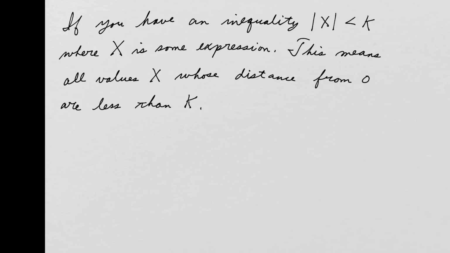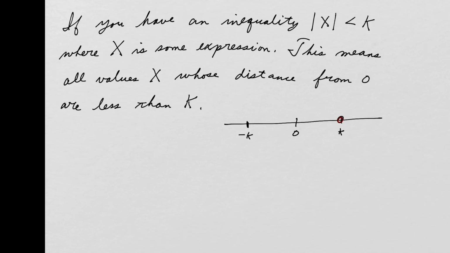If we draw a picture, if this is 0 on the real number line, let's say this is k, and this is negative k. Well, if the distance has to be less than k, I can't include k or negative k.